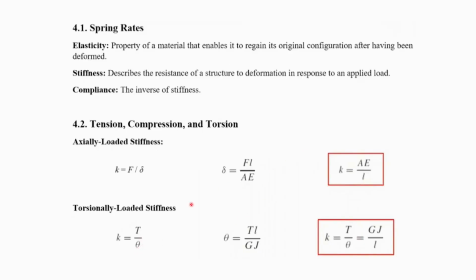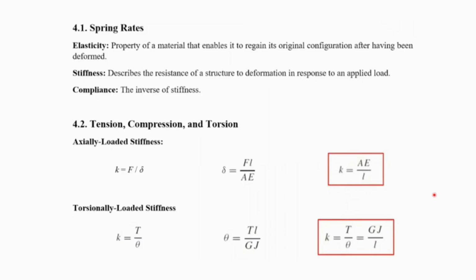So therefore, when we substitute, for example, for the first equation, the corresponding delta into the first equation, we obtain the stiffness of a structure which is subject to an axial loading, or if the structure is axial loading, what would be the stiffness of the structure that we should take into consideration? Naturally, this is the axially loaded stiffness.